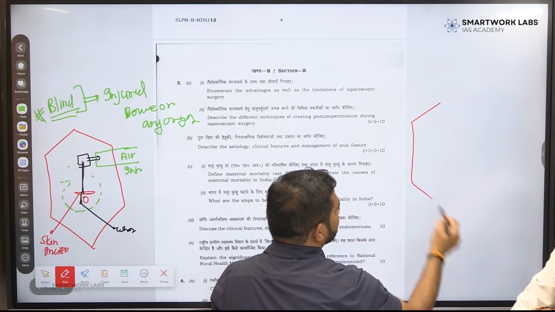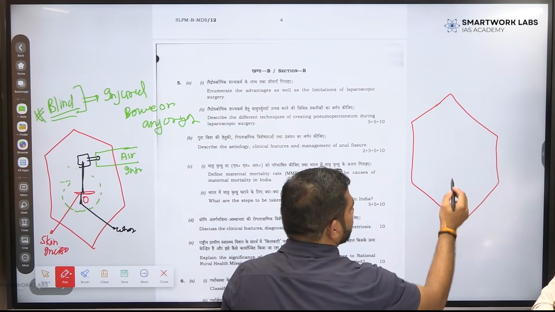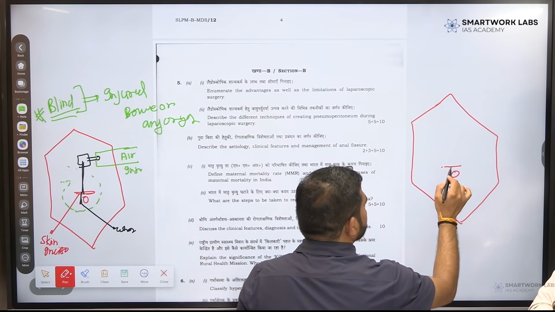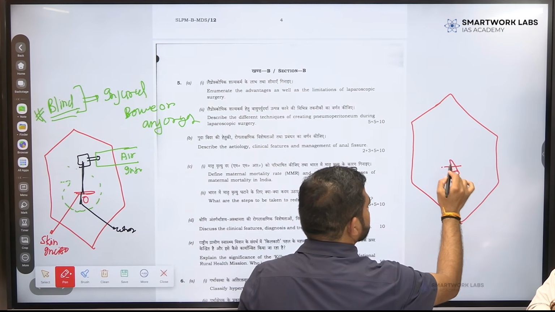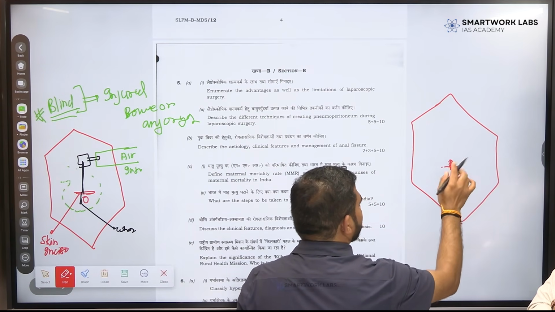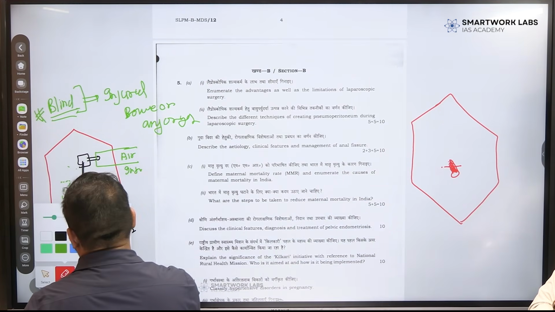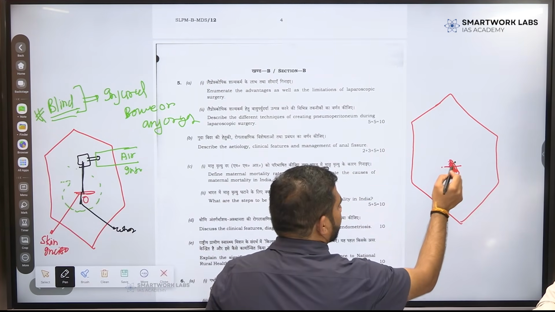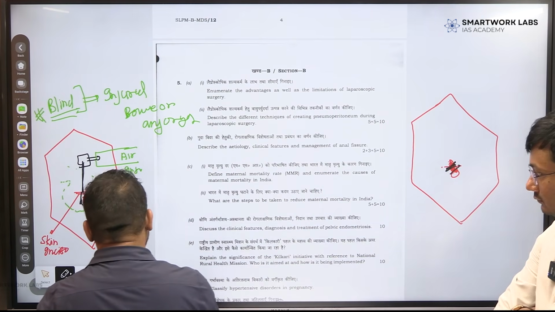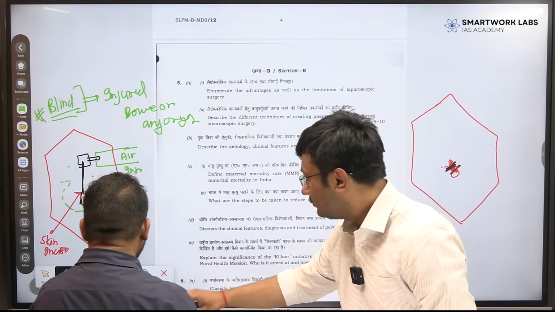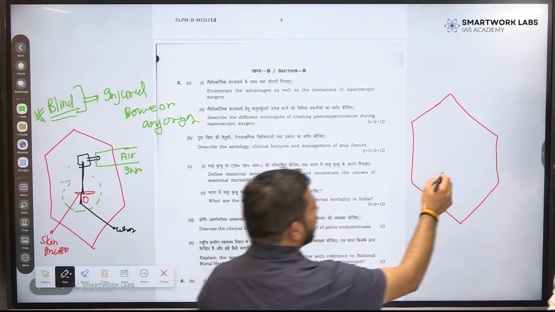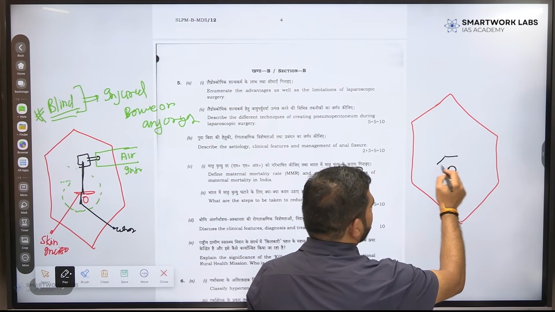In open technique, you give an incision. After giving the incision, you fold back the structures. This is known as the umbilicofascial line, and cut it. After cutting it, you get a space.